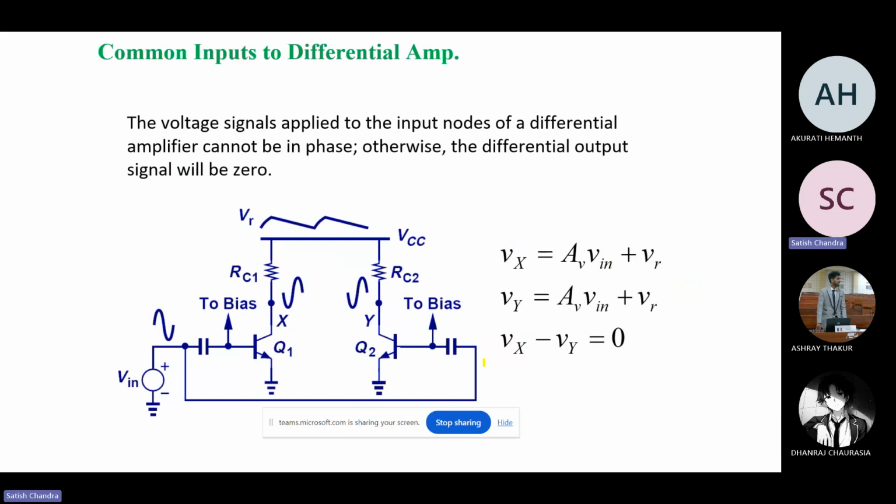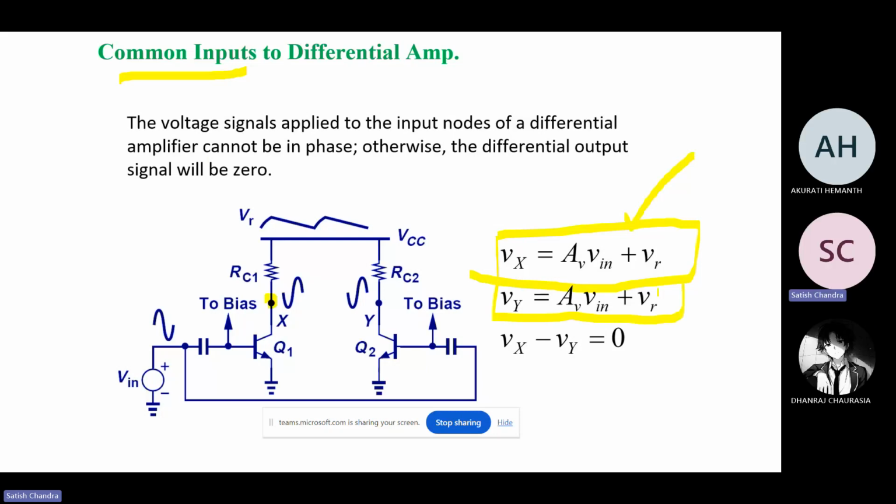Now let's see what happens when a common input is applied to a differential amplifier. Let's say at Vx we attain this value. Since the input at both transistors is applied in common, we get the same output at Vx as at the Y terminal.